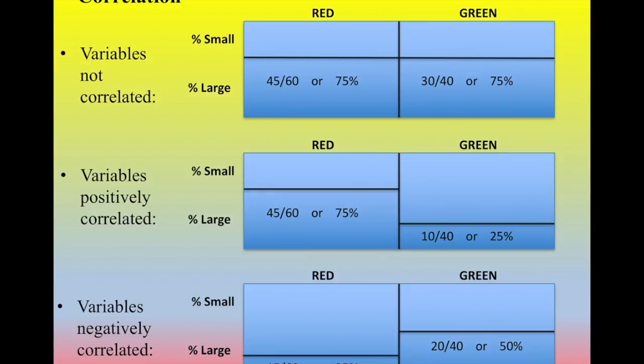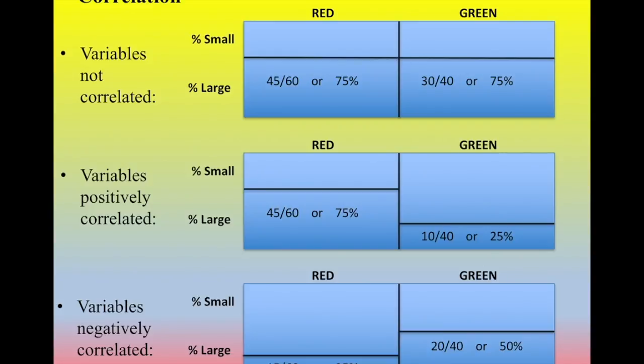However, let's say that I'm in the other room, you can't see me, I'm going to pull a random marble out of the jar, and I yell out to you from the other room this piece of information. I pulled a red. Now in this case, my telling you that it's a red marble is important information. Now that you know it's red, you will change your original prediction about its being large.